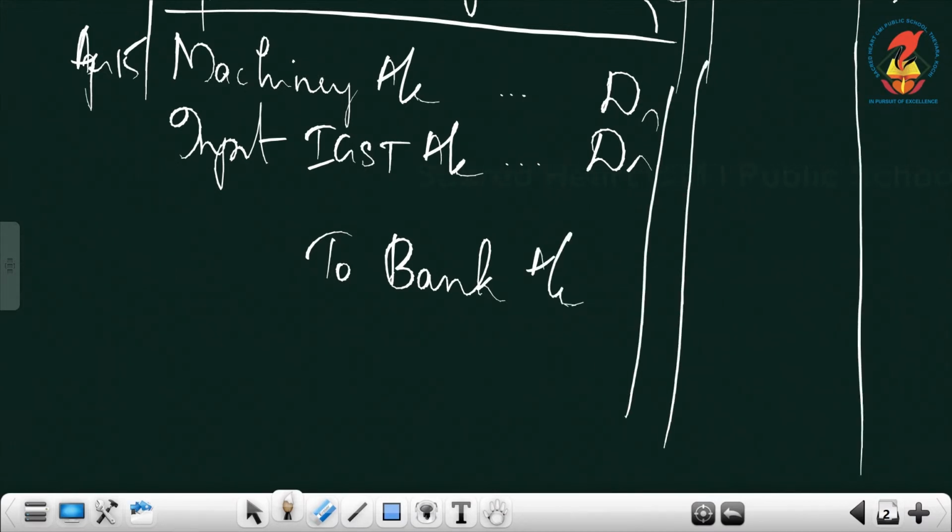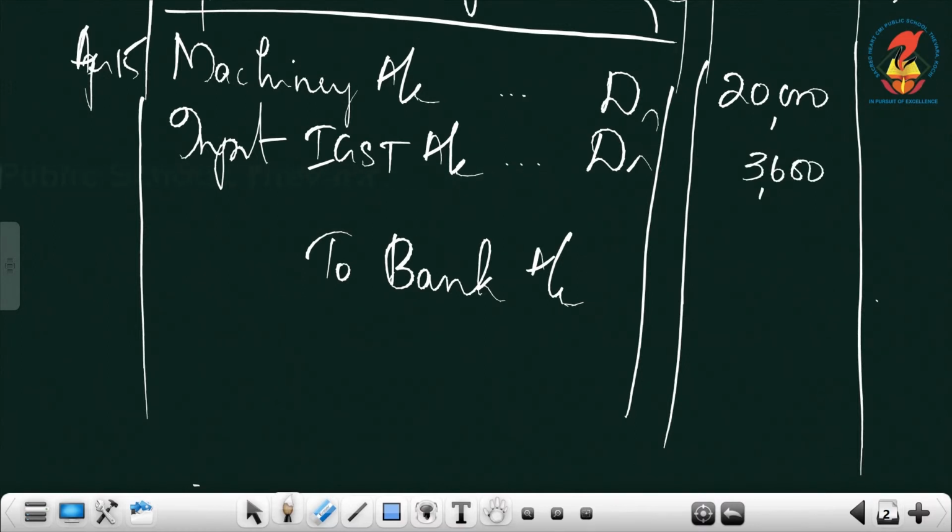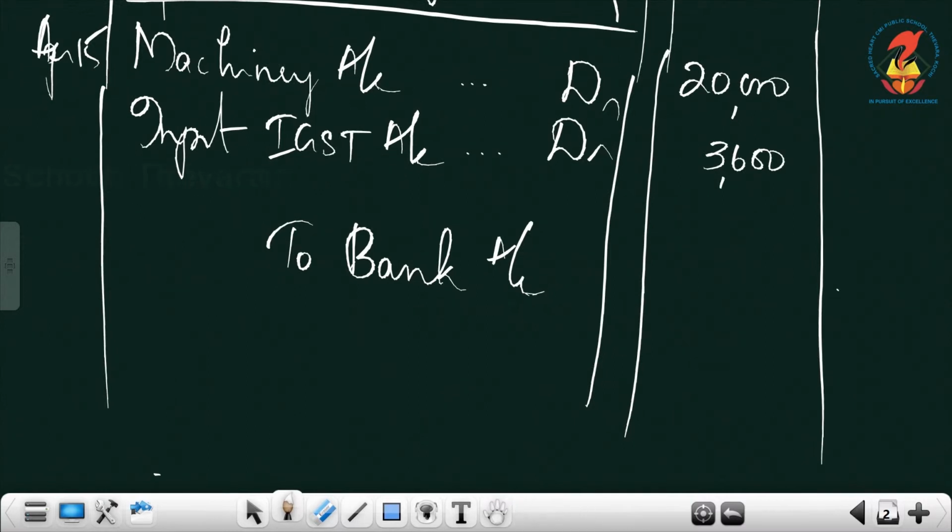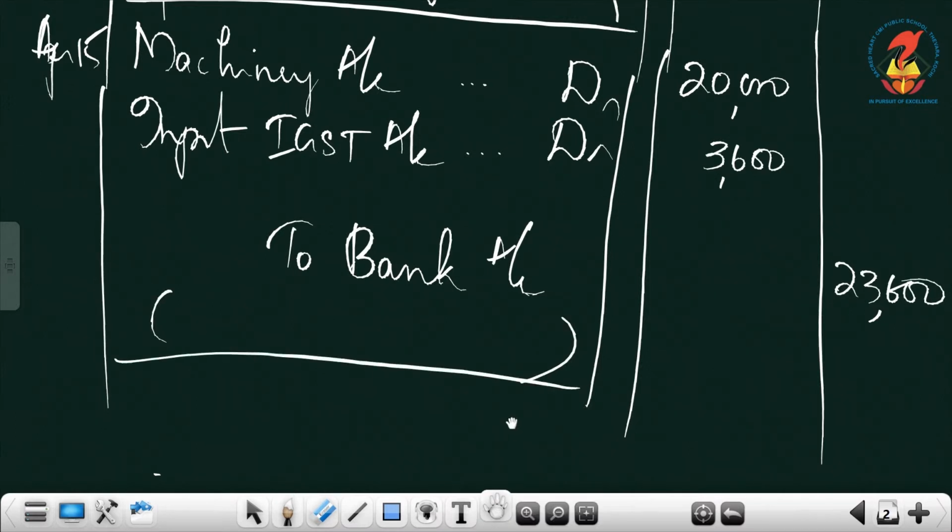Then the value of machinery purchased is 20,000, which you must write against machinery. Then since it is IGST, you must compute at the rate of 18%. 20,000 into 18%. So this is the entry.